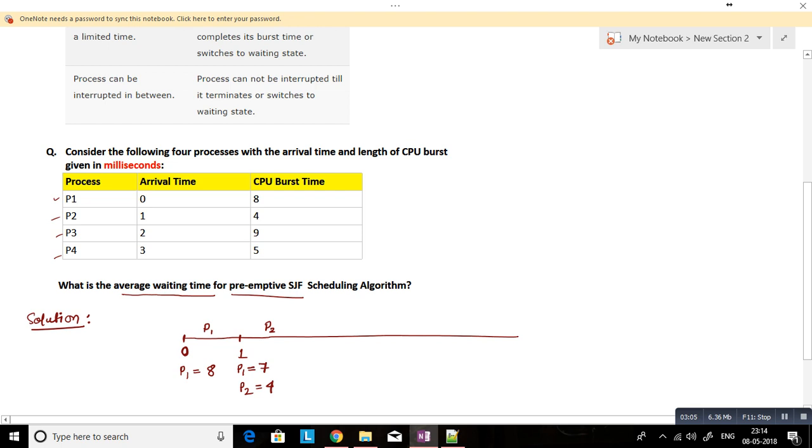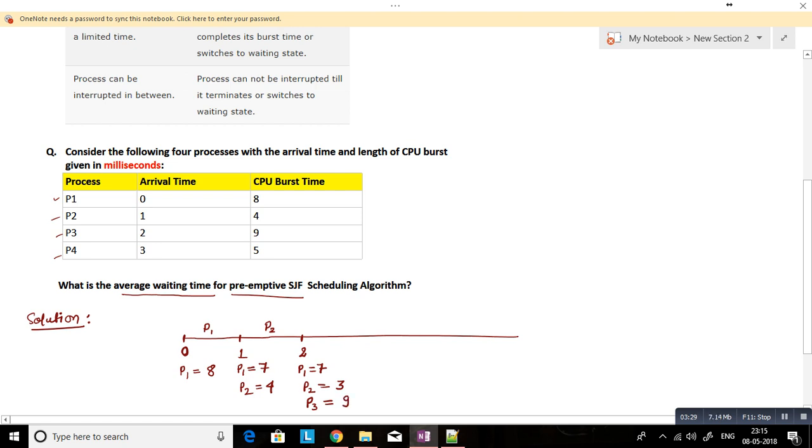So now at 2, P1 is 7, P2 is 4 minus 1, that is 3. Now P3 arrives at 2, and its CPU burst time is 9.